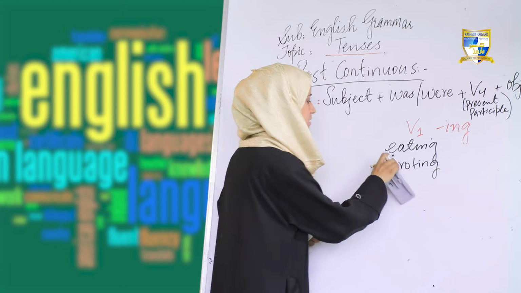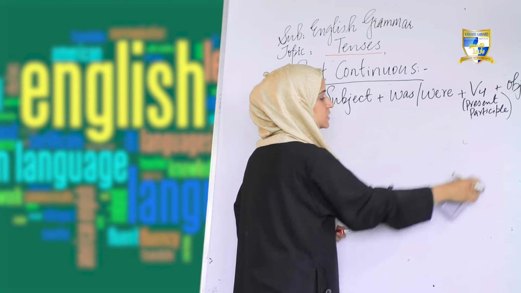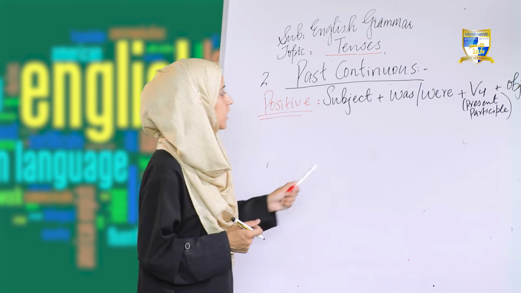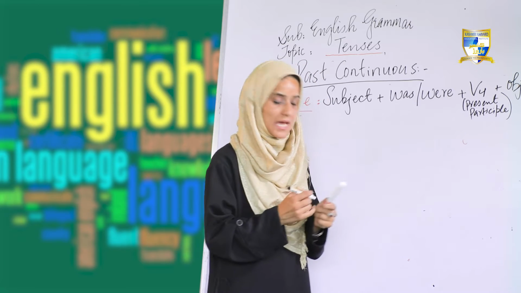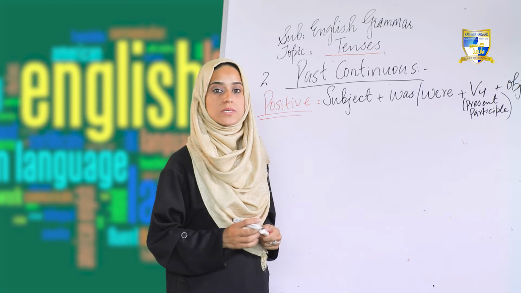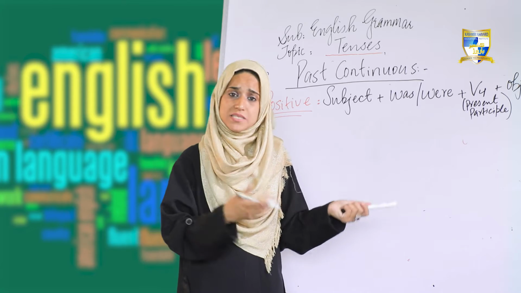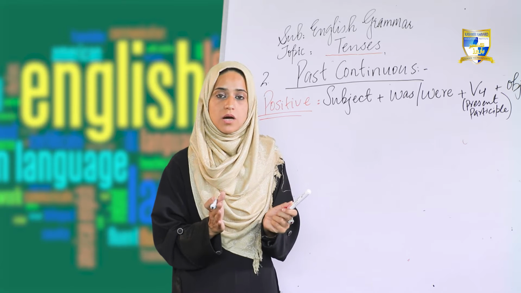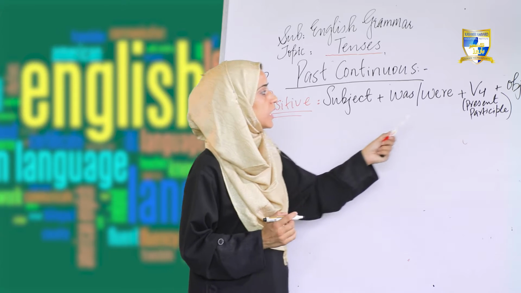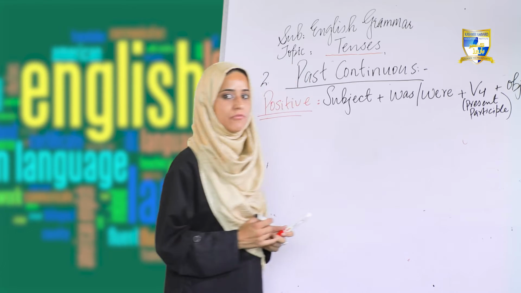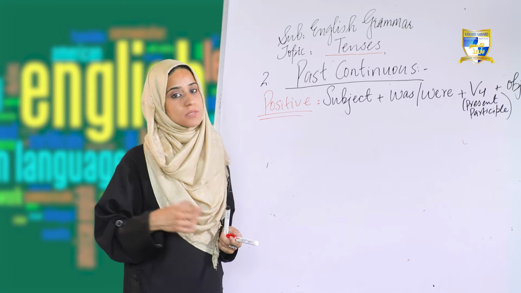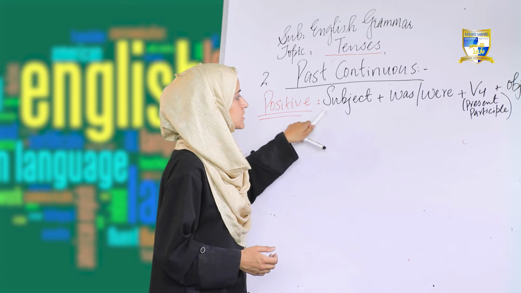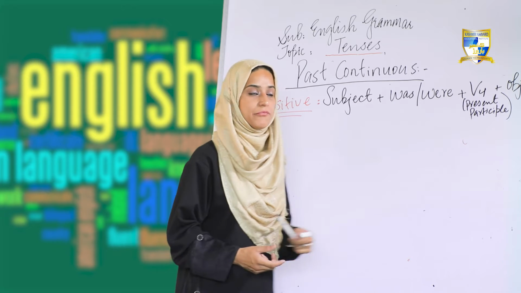We say writing. These present participles are formed by adding ing to verb 1, and they are always used in continuous tenses. If you have present continuous, past continuous, or future continuous, with all the continuous tenses we use the ing form of the verb, followed by the object. The object may or may not be there. The main structure goes from subject to verb 4.